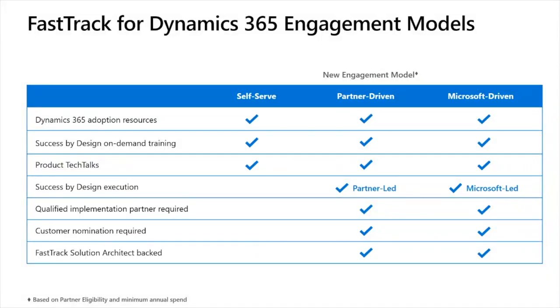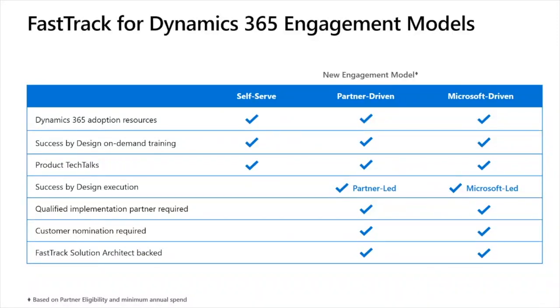Previously, CE had a nomination process and finance operations apps did not. Now and going forward, all projects that wish to benefit from the FastTrack engagement will have to be nominated either by the Microsoft field or by the partner.